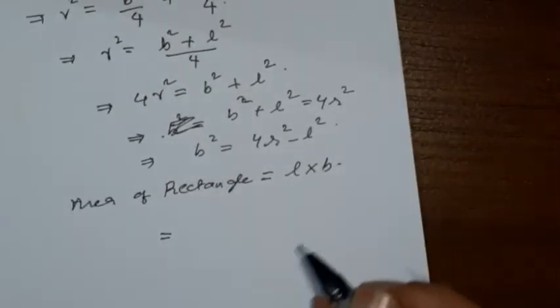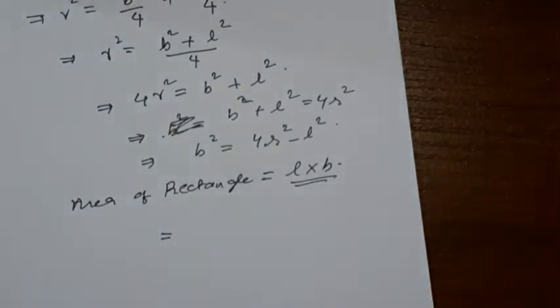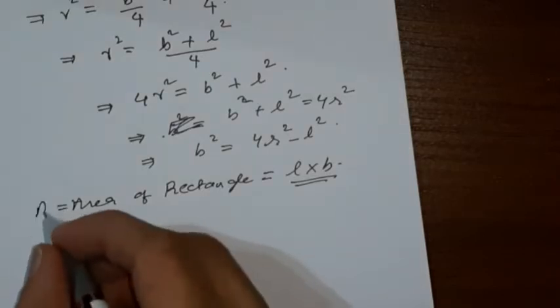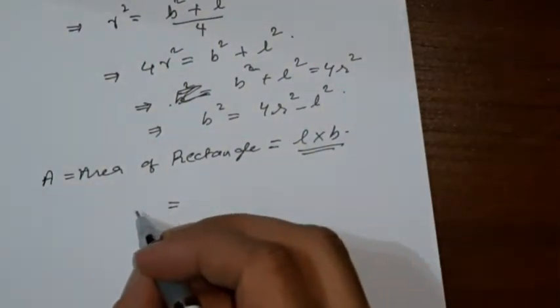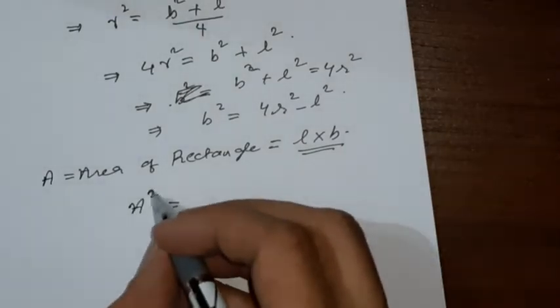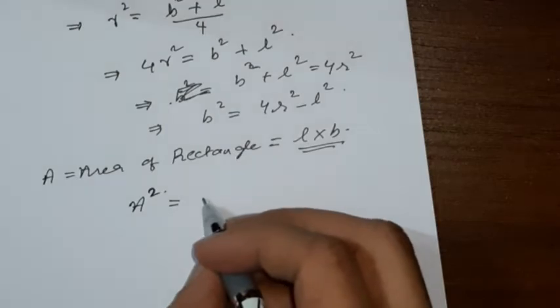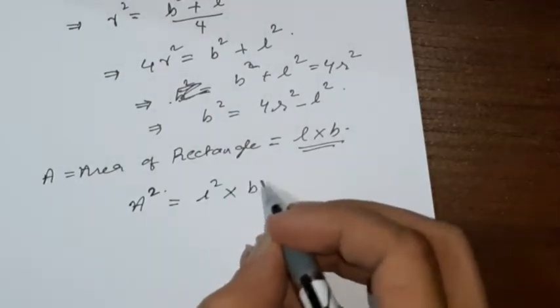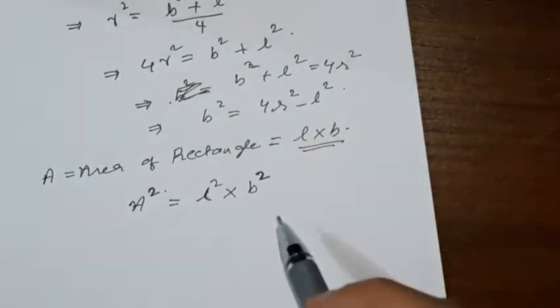Now instead of considering this length into breadth, suppose A, what we will consider is A². We will consider A² here. What will that be? L² multiplied by B². Now why is this? Because it makes the problem simple.